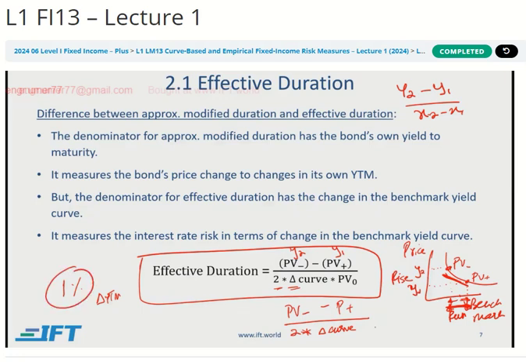So that's why we also divide it by price to get this slope in terms of a percentage of the price: if 1% is a change in the interest rate, then what will be the percentage change in price? This is the exact same formula we saw for approximate duration. The only difference is that instead of change in YTM, we have change in curve. Otherwise, this formula is exactly the same as your approximate duration formula.